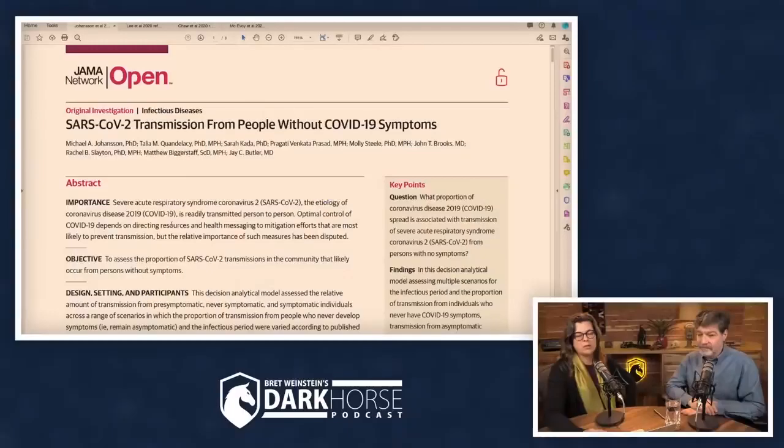My intention here was not to dunk on this paper. I clicked on this link in the JAMA newsletter. The title again is SARS-CoV-2 transmission from people without COVID-19 symptoms, and it looks really alarming.